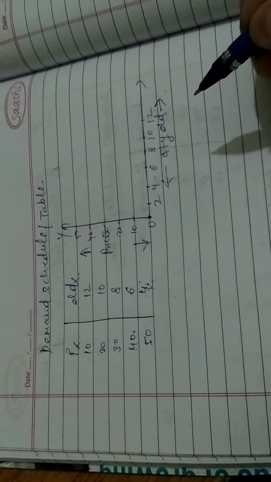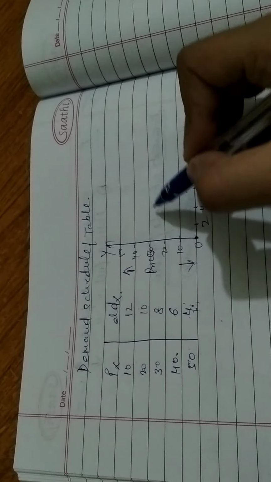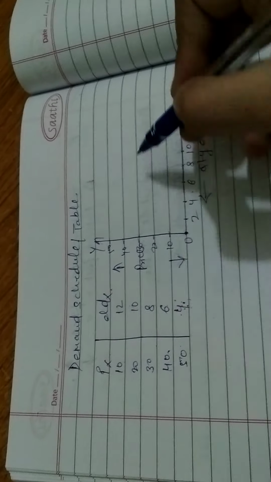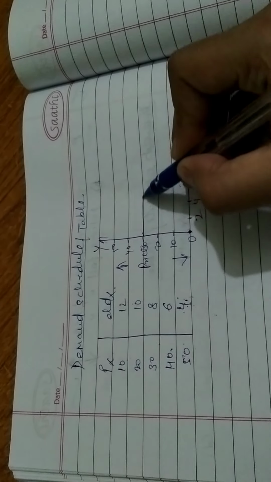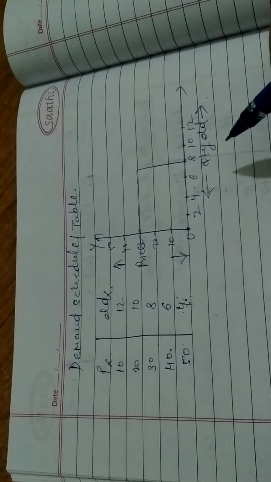Like this, quantity demanded on x-axis and price on y-axis. Suppose at the price of rupees 30 quantity demanded is 8 units. At the price of rupees 30 quantity demanded is 8 units.